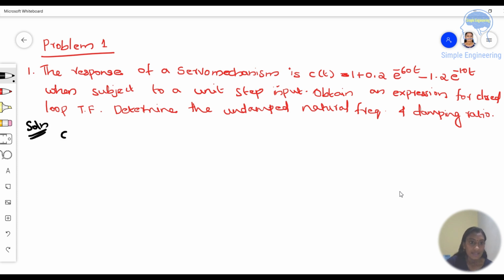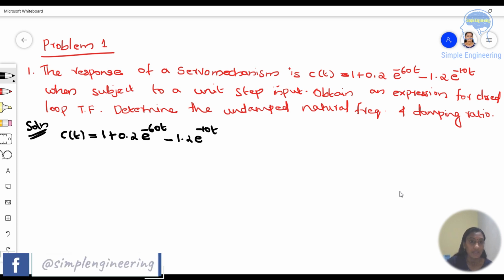It is given as c of t equal to 1 plus 0.2 e power minus 60t minus 1.2 e power minus 10t. From this we have to find the expression for the closed loop transfer function.